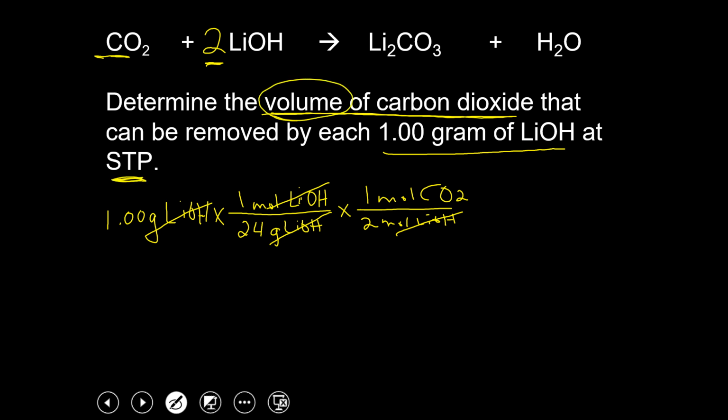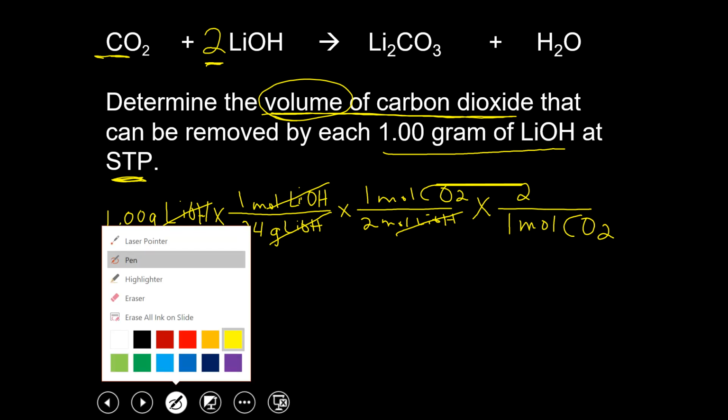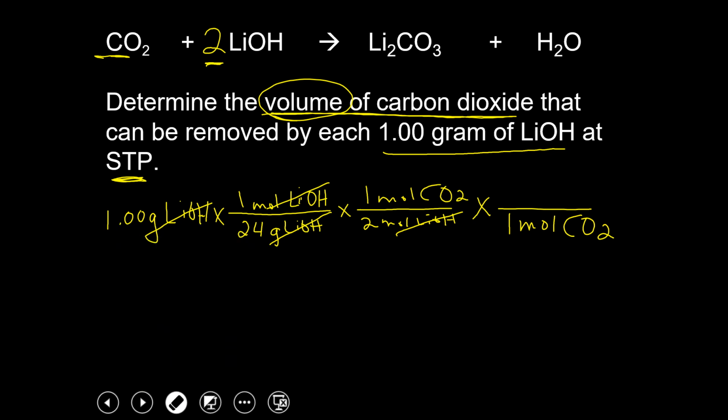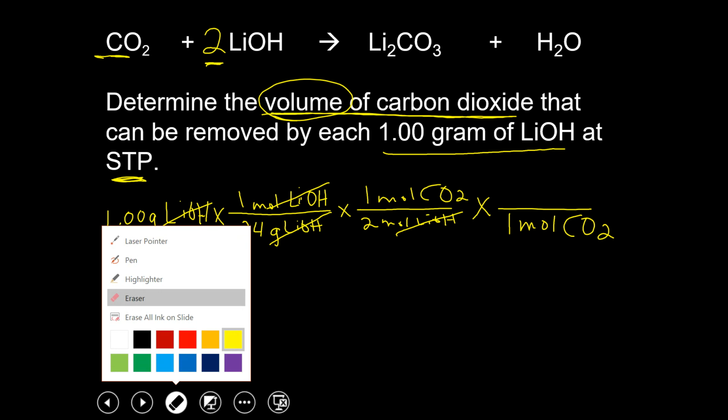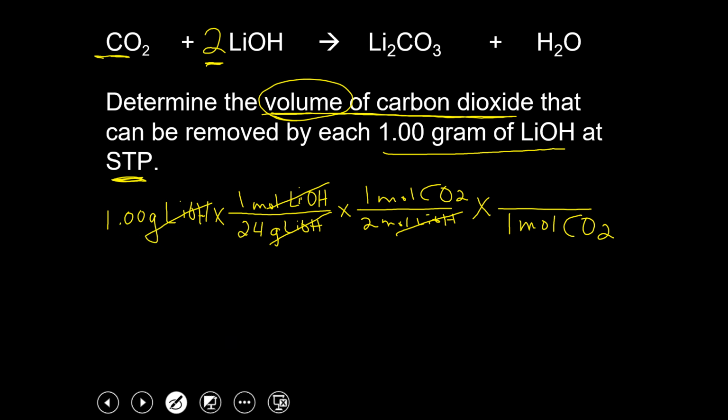And this is at STP. We know, and we used this in the stoichiometry unit, that 1 mole of gas occupies 22.4 liters at STP. Every once in a while, I get a random line that shoots across. You can only use this if the conditions are at STP.